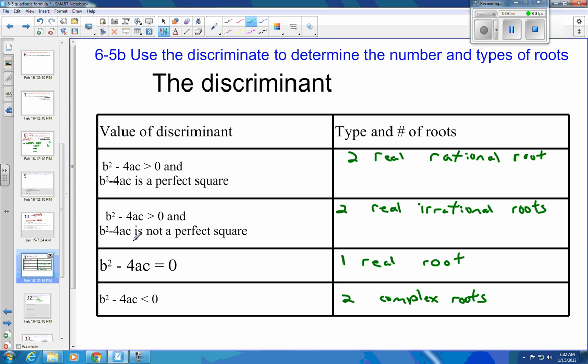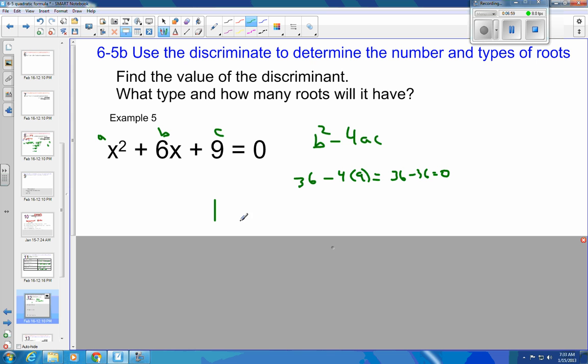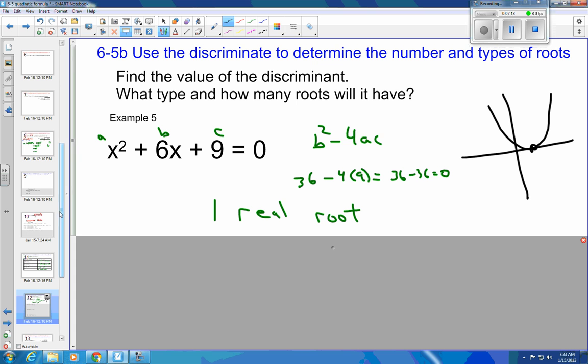And looking at our table, when it's 0, we have 1 real root. So this is going to be 1 real root. And what does that mean? Well, a is positive, so this is a parabola facing up. It's got 1 real root, so it's going to just touch the x-axis and go up like that. And you'll have 1 point on the x-axis.